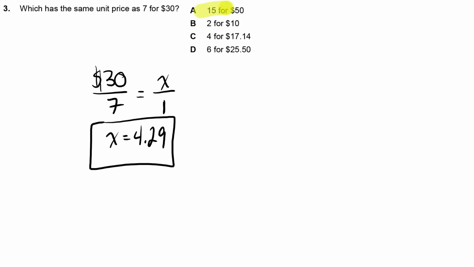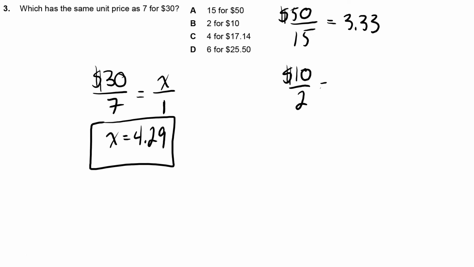Now we'll need to look at each of these, A, B, C, and D, and figure out which one has the same value. $50 for 15 is equal to $3.33. $10 for 2.